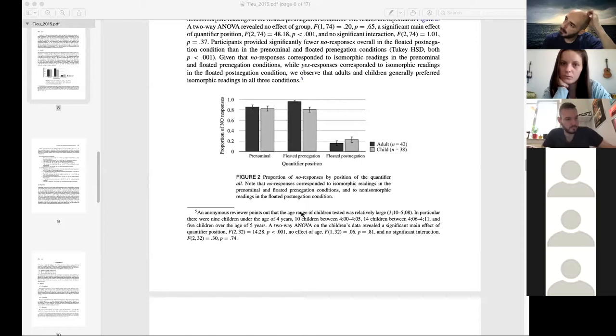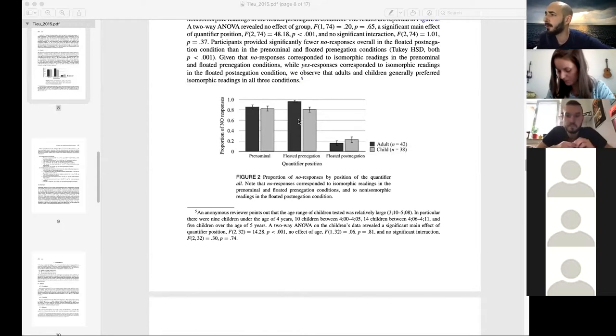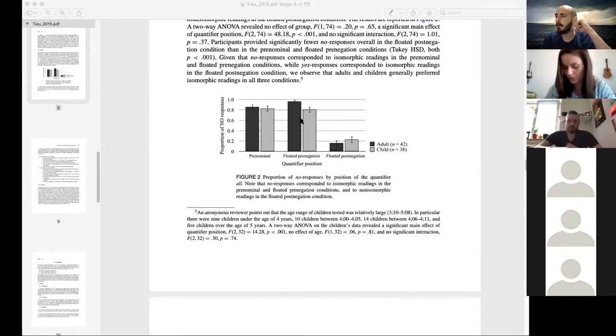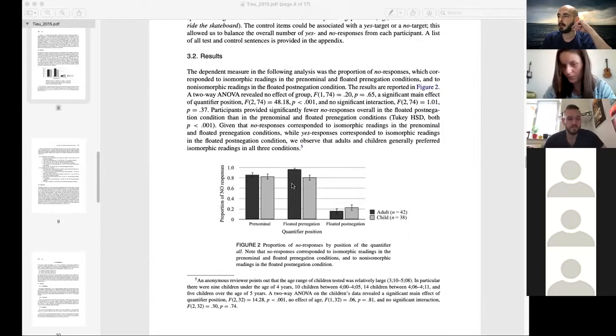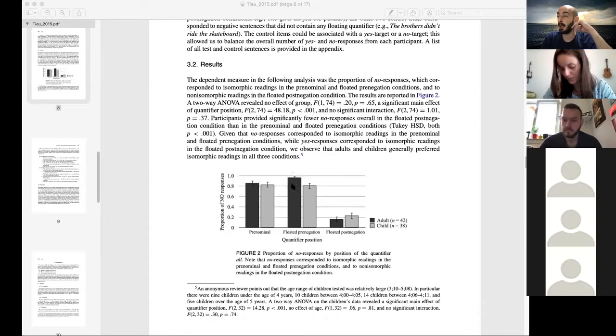Then more participants are indeed better. Yeah. Also, if you look at the results right here, you have a higher proportion of no responses for the adult group in the floated pre-negation condition, right? So in the boys all didn't eat the cake.